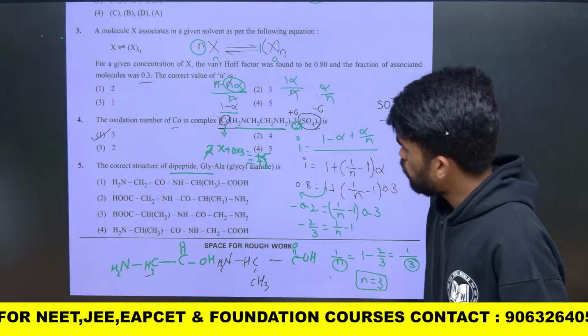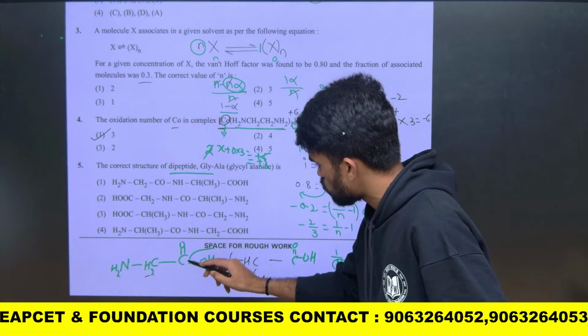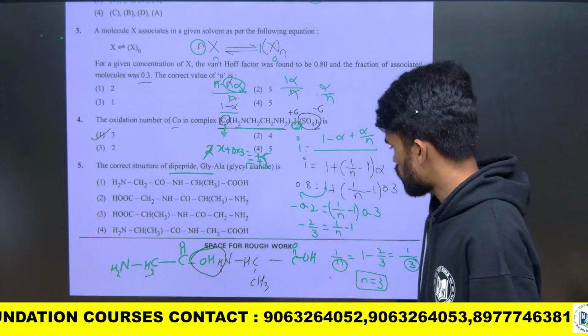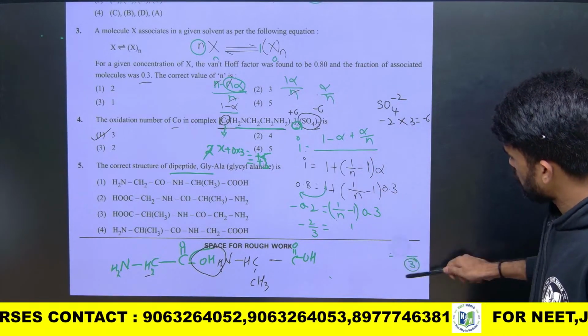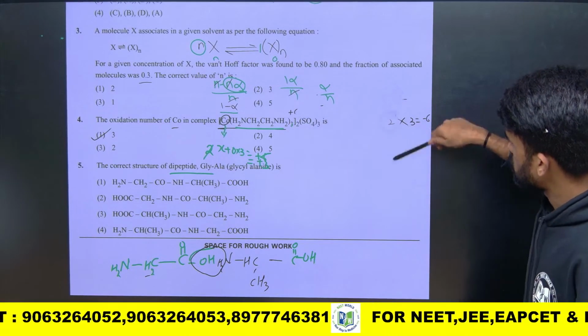Now the peptide bond is formed by removal of a water molecule using this OH and using this hydrogen from the nitrogen. So I am erasing the previous question first. Look here.